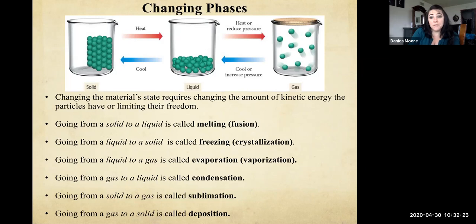This is probably my least favorite named phase change in the entire world, because to me, the word fusion means sticking things together, and melting is the opposite of that. So I tend to always use melting and fusion together because I think the word fusion is a really bad misnomer. But you guys should know that fusion means melting, okay?